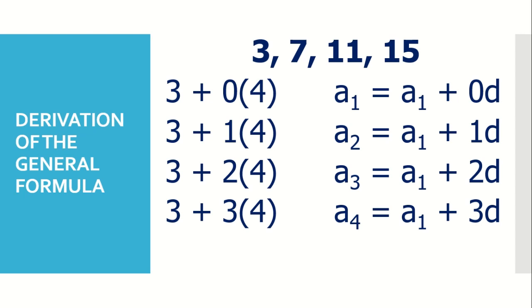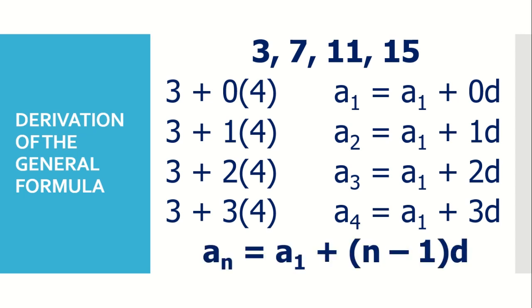And a sub 4 is equal to a sub 1 plus 3 times d. Therefore, the general formula in finding the nth term of an arithmetic sequence is a sub n is equal to a sub 1 plus n minus 1 times d.